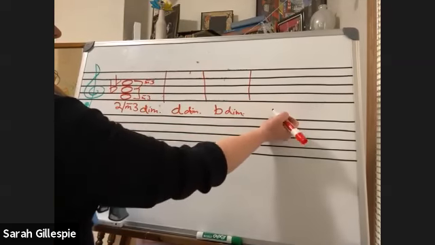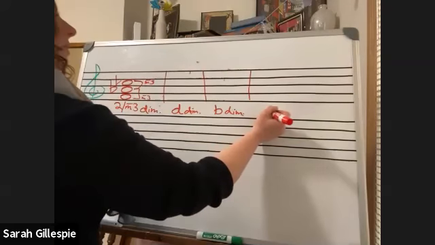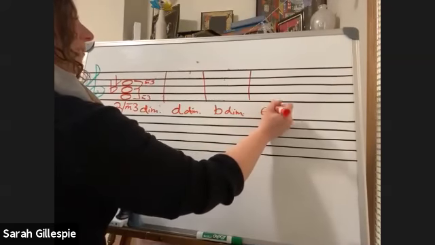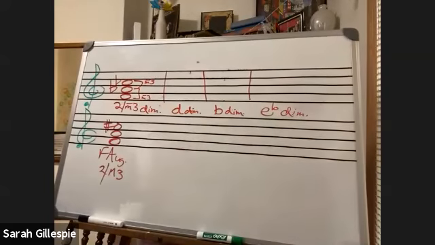And then let's also do, ooh, tasty, an E flat diminished. That might be a challenge. All right, sweet. So who would like to do D diminished? Alex already has all of these figured out, I can tell.